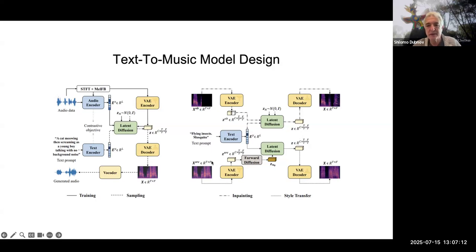Well, actually, I think the better name is outpainting here, where you can use these things as a completion of missing audio. You can do also a style transfer where you basically want to impose a specific text on the latent diffusion that is also guided with initial audio.